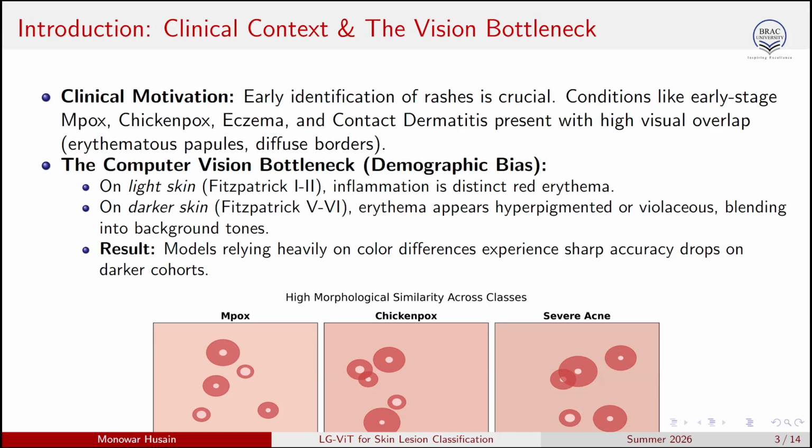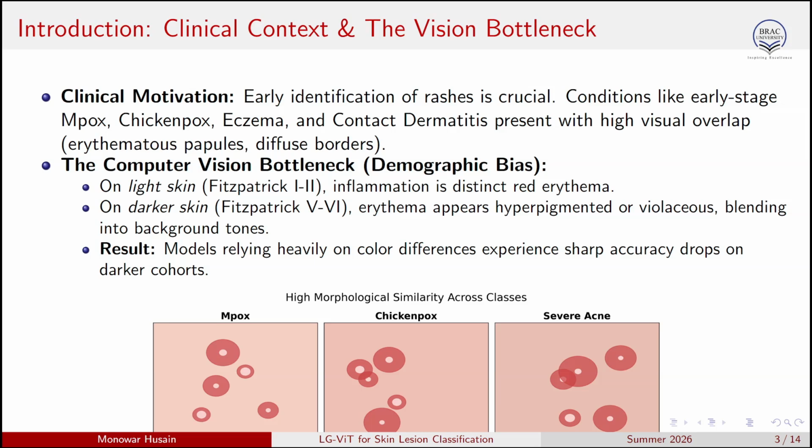Clinically, early identification of infectious rashes is critical. However, conditions like early-stage monkeypox, chickenpox, eczema, and contact dermatitis share a high visual overlap, often presenting as erythematous papules. The computer vision bottleneck occurs because models tokenize images uniformly.